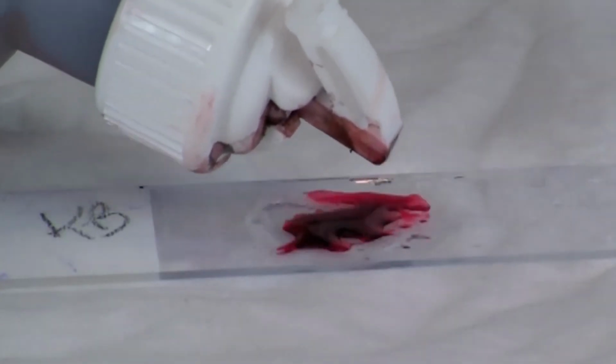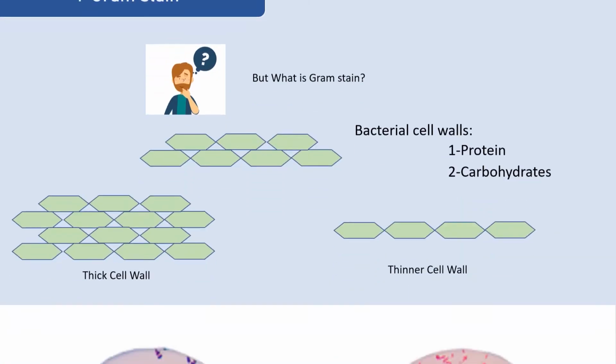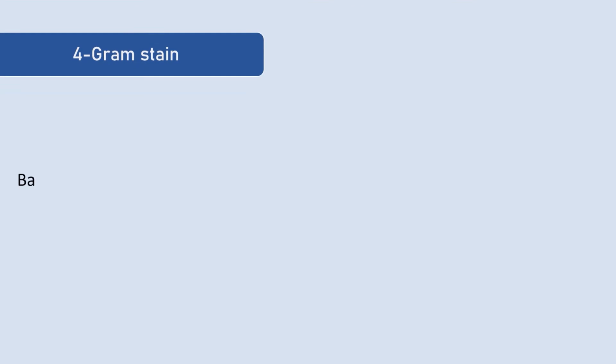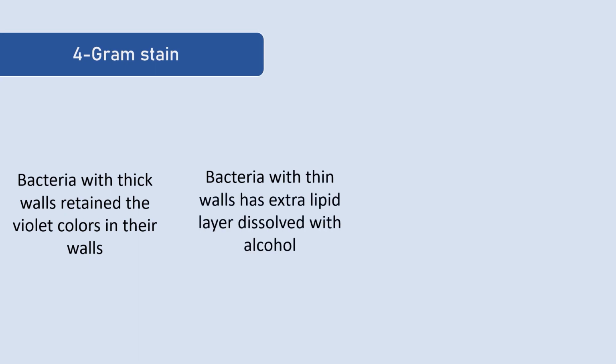What did he find when he looked under the microscope after that? Some bacteria remained violet, while others were pink. But how is this explained? Bacteria that has thicker walls retain the very first stain it was exposed to in their cell walls. They were not affected by any other added reagent, while bacteria that had thinner walls were actually surrounded by extra lipopolysaccharide layer to protect it.